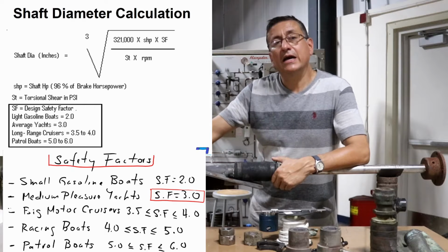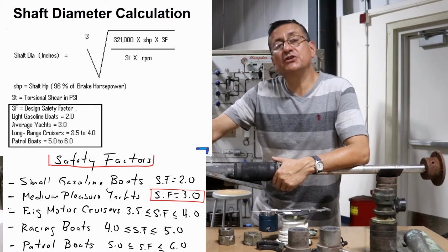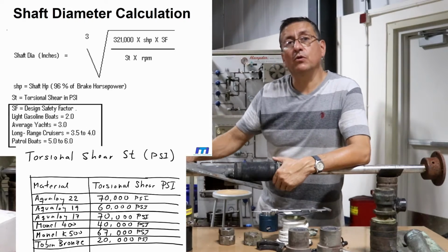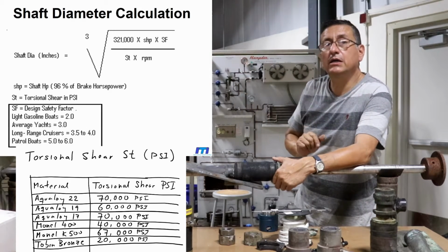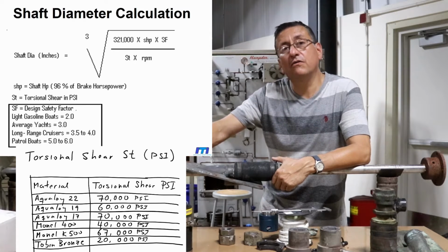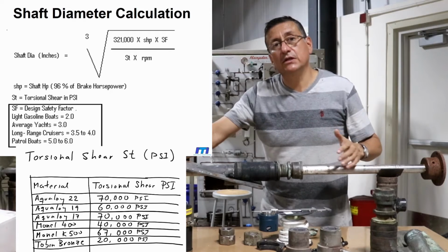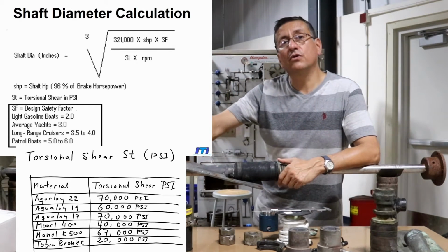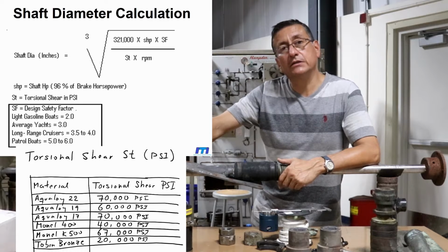Alright? And ST is the torsional shear, according to this table. Those are the torsional shears recommended for the different types of alloys used for the fabrication of shafts. This is the torsional shear for those materials.